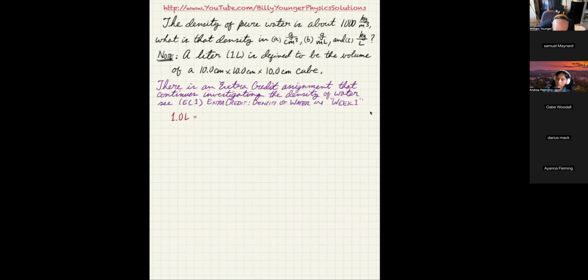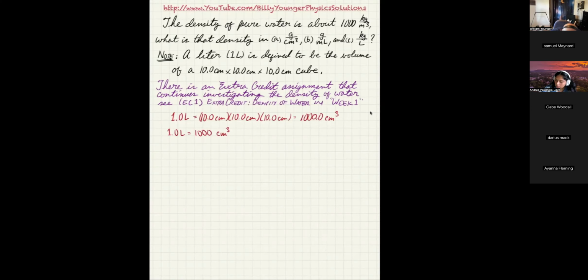1.0 liters equals 10.0 centimeters times 10.0 centimeters times 10.0 centimeters, which is equal to 1,000.0 centimeter times a centimeter times a centimeter, which is a centimeter cubed. So you can see that 1 liter equals 1,000 cubic centimeters.